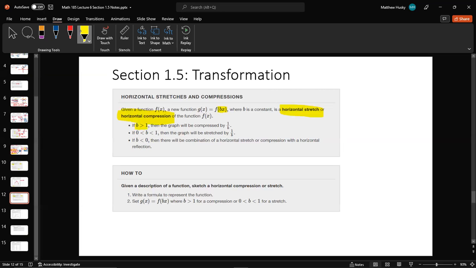Similarly, if you have a B value of 2, it'll actually compress it by a factor of 1 over B. So what that means, if I have f of 2x, that will actually be 1/2 as wide. It does the opposite of what you would expect.